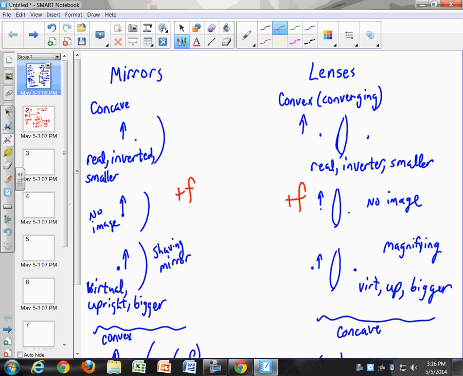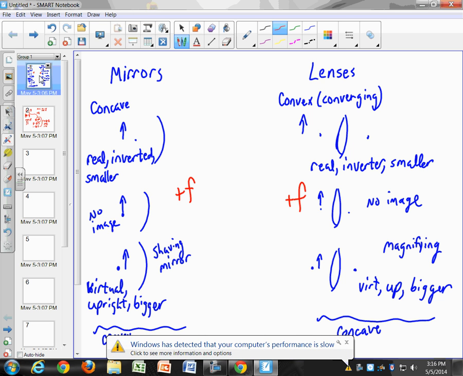There's no other mirror that produces an upright, bigger image. So you would know that your focal length is positive, and that your image distance is going to be negative.